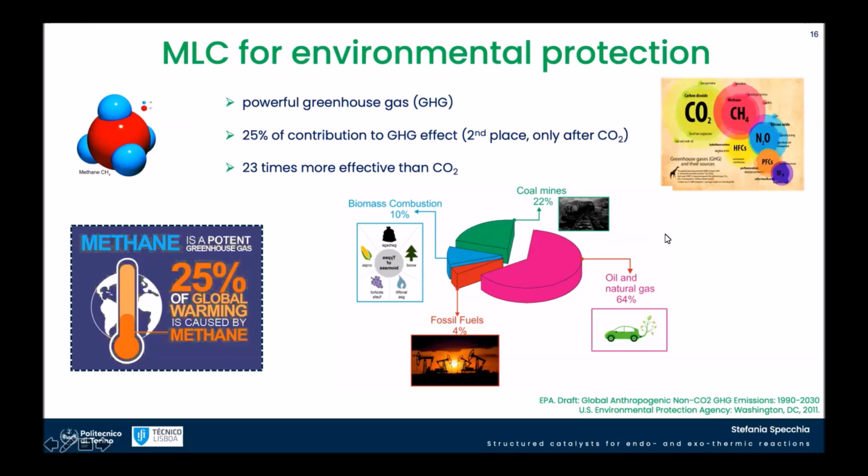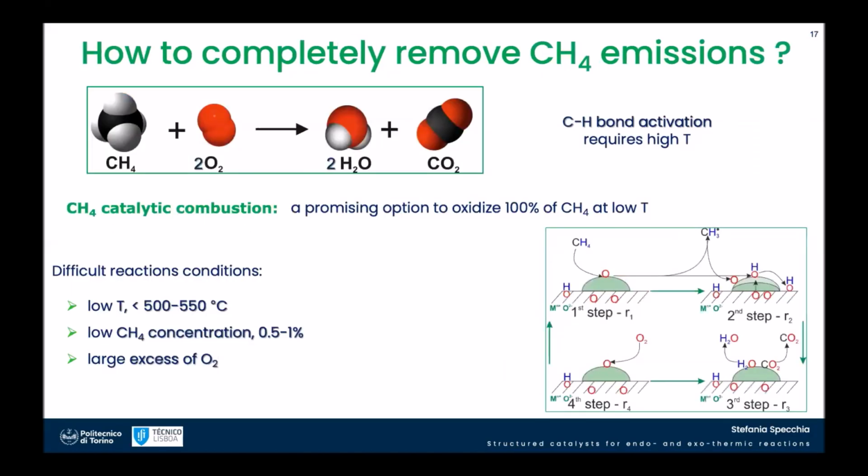But also, another interesting option is where we have intensive care of animals, of cows. They are emitting a lot, so it could be very interesting to collect all the air of the farms and to treat this air before releasing into the atmosphere to reduce the emissions of methane. So in reality, there are a lot of applications in which the methane lean combustion can be applied.